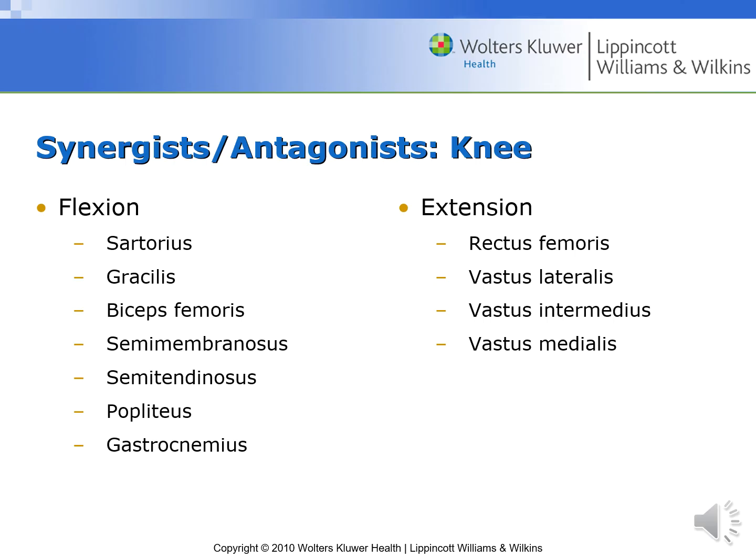When it comes to knee flexion, we have the sartorius, the gracilis, the biceps femoris, the semimembranosus, the semitendinosus, the popliteus, and the gastrocnemius. For extension, we have the rectus femoris, the vastus lateralis, the vastus intermedius, and the vastus medialis.